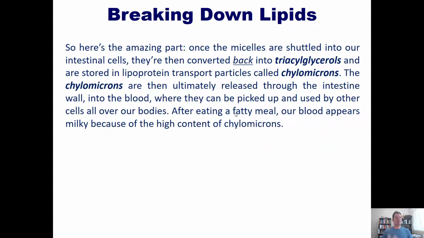All right, so here's the amazing part. Once the micelles get shuttled back into our intestinal cells, they then get converted back into triacylglycerols and get stored in lipoprotein transport particles called chylomicrons. The chylomicrons are ultimately released through the intestinal wall into the blood, where they can be picked up and used by other cells all over our bodies.